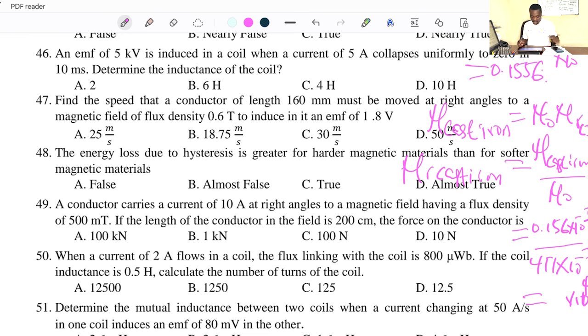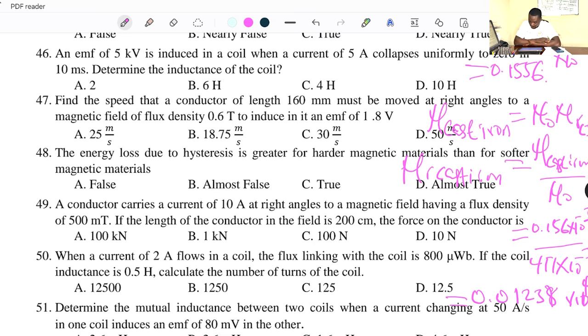Right, that would be what? We get the answer 0.0121237, and just 1238. Right, we get this.